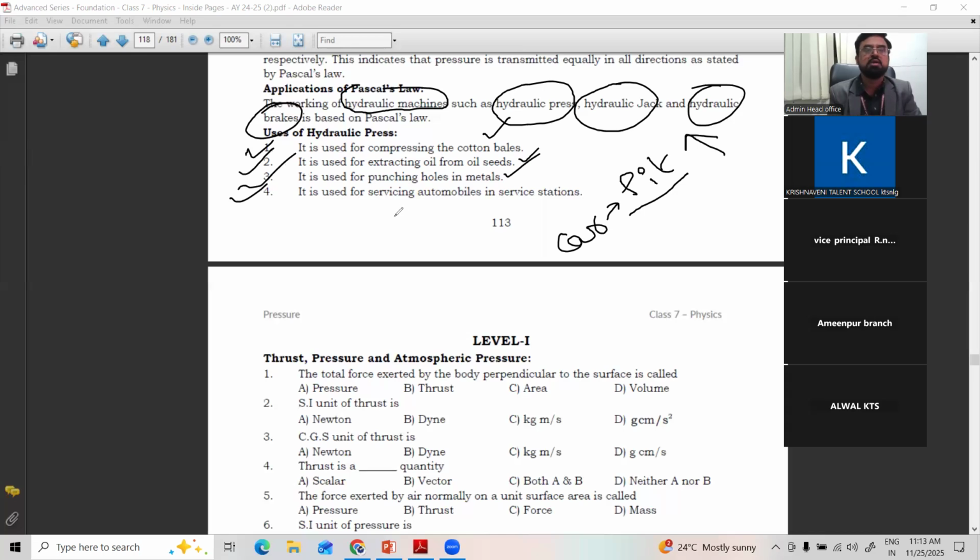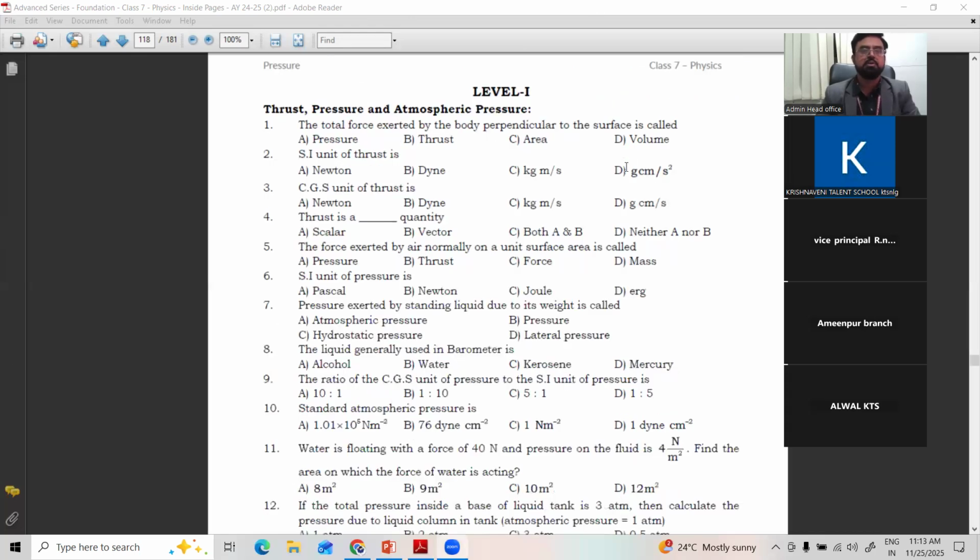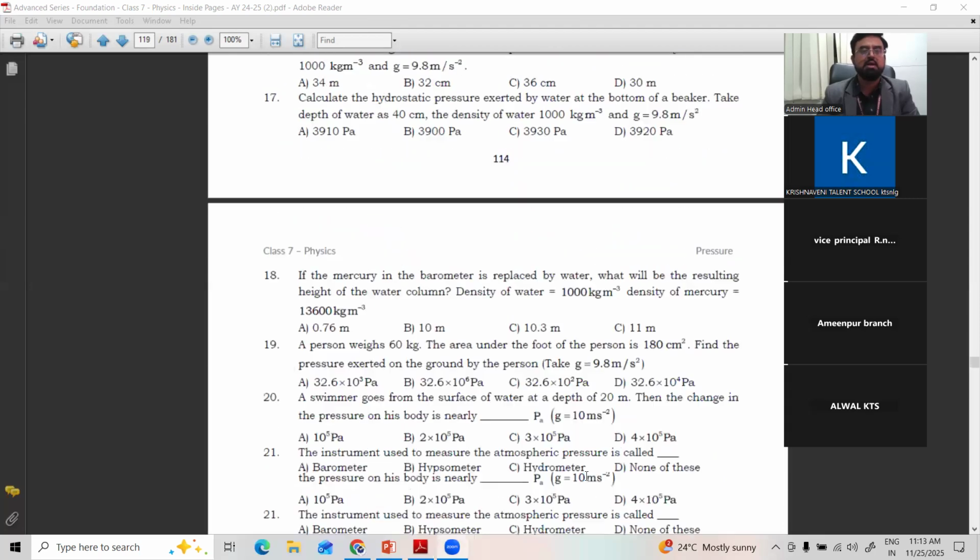It is used for servicing automobiles in a servicing station. They are used to lift the vehicle and you can do the service. Right? All these examples give the applications of liquid pressure. Where liquid pressure happens, everything can be seen here. Applications. Okay.